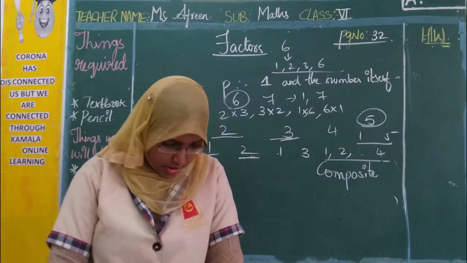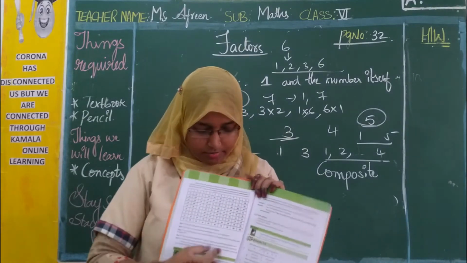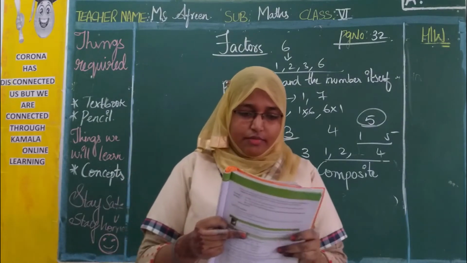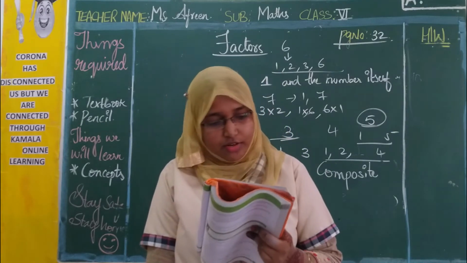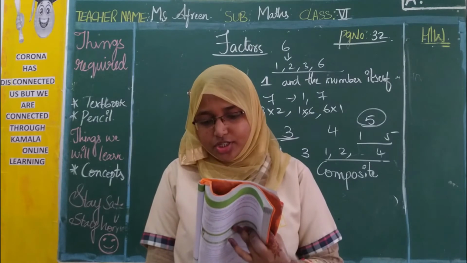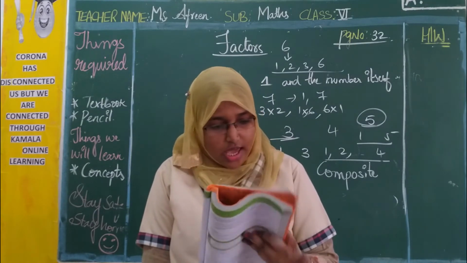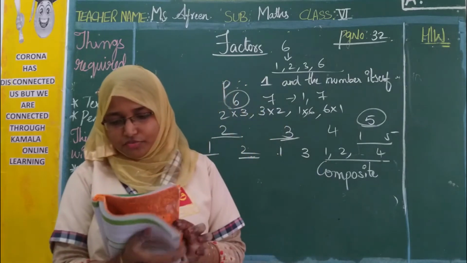If you turn to your page 34, see, they have given you a number chart. Without actually checking the factors of a number, we can find prime numbers from 1 to 100 with an easy method. The method was given by a Greek mathematician, Eratosthenes, in the 3rd century BC. Let us see the method. List all the numbers from 1 to 100.